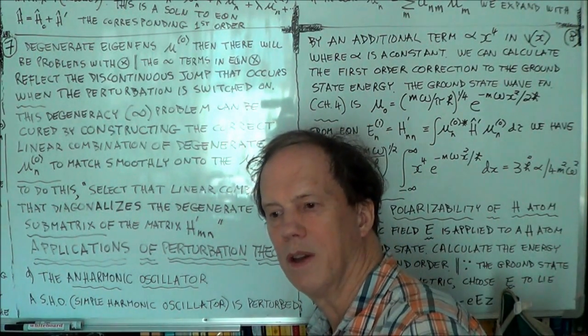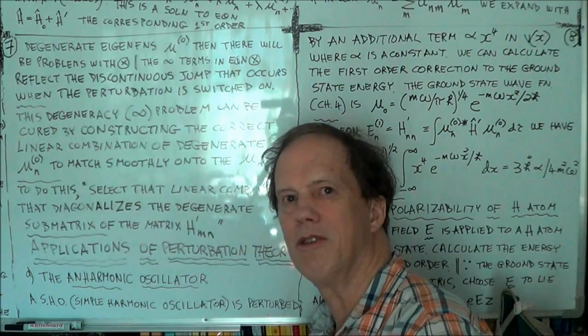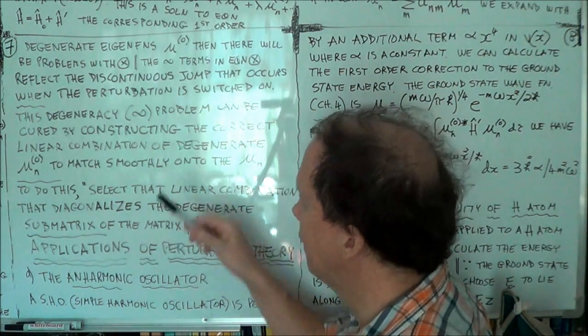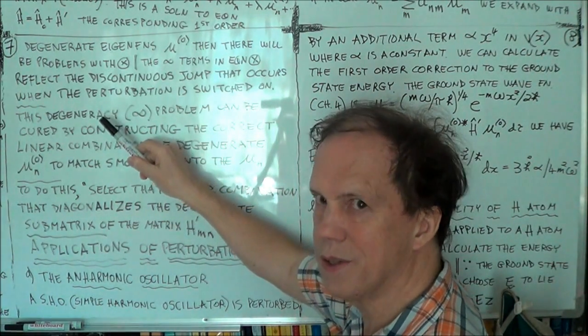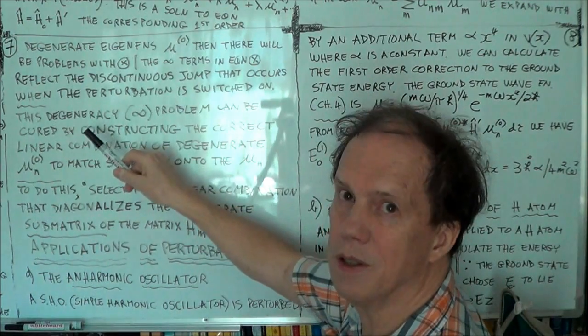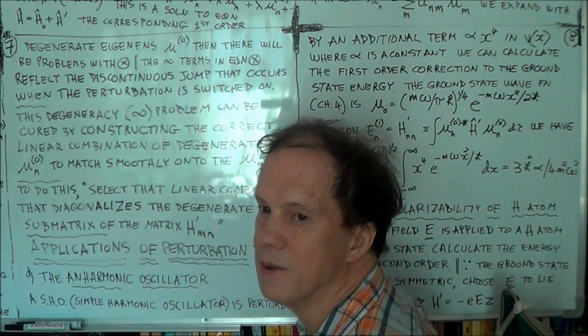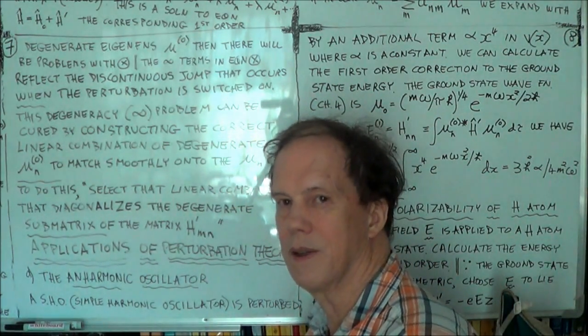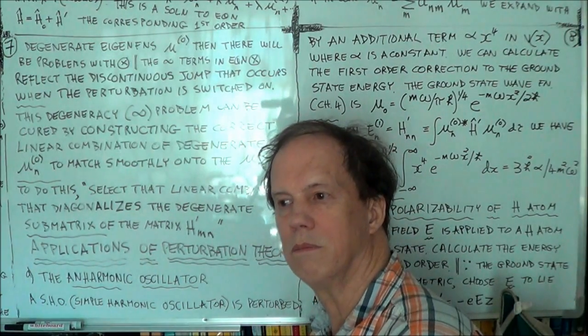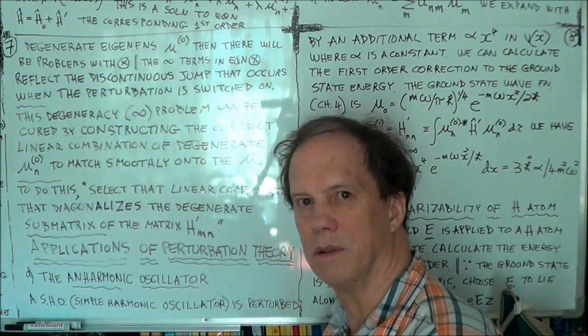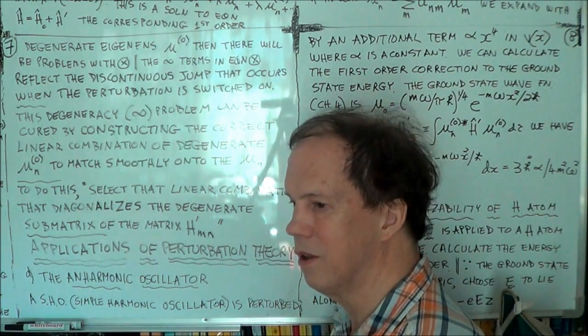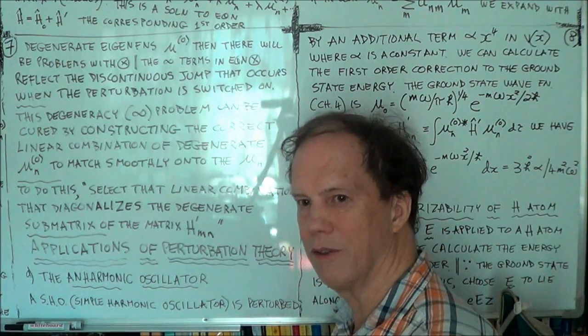In other words, the whole matrix has zero elements except down the northwest-southeast diagonal. Some of those elements are non-zero. It's a diagonal matrix.